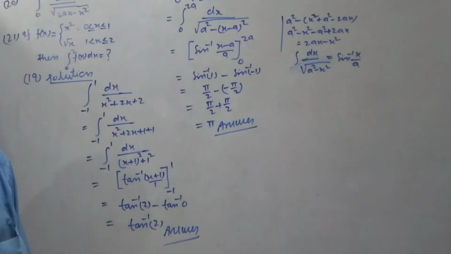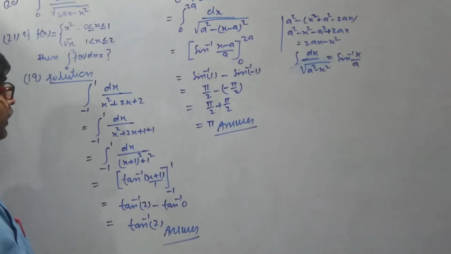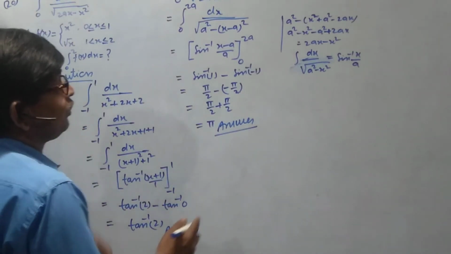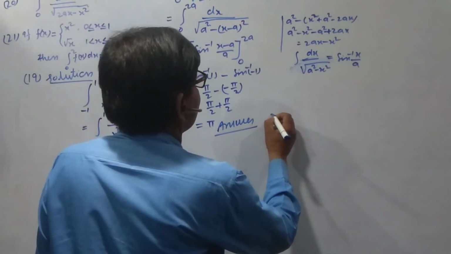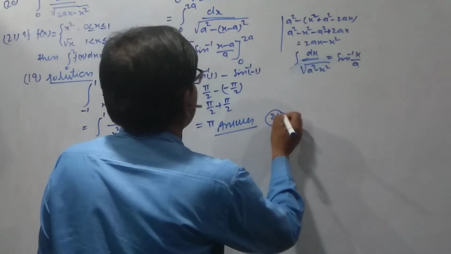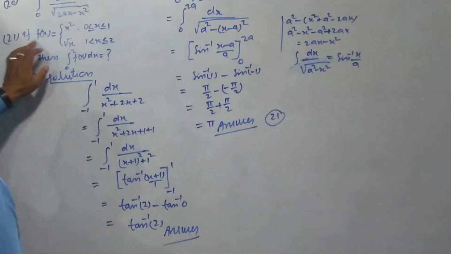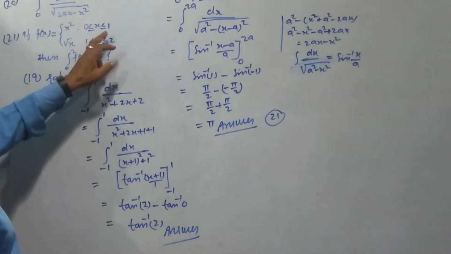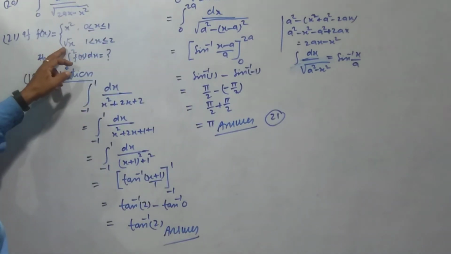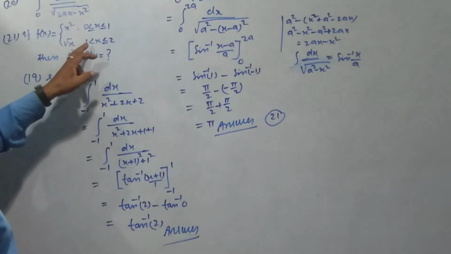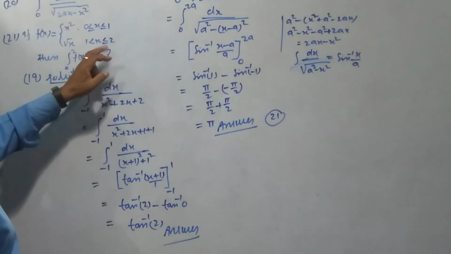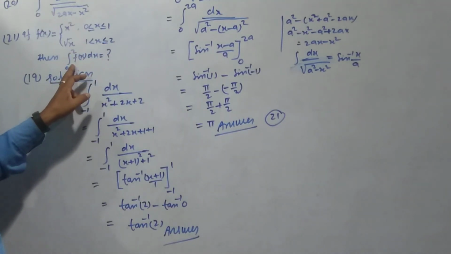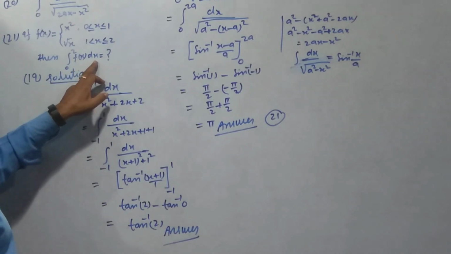Now we take example 21. If f(x) is equal to x square, x varying from 0 to 1, and f(x) is equal to root x, varying from 1 to 2, then find the integral from 0 to 2 of f(x) dx.